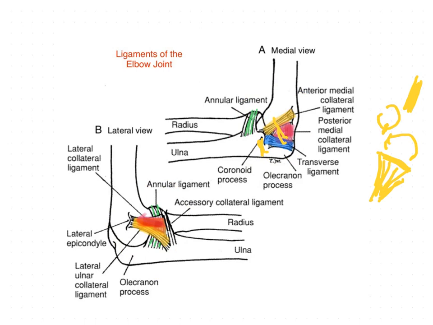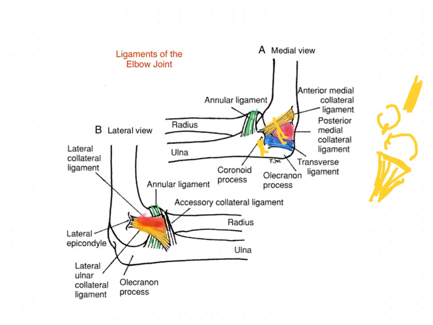Okay, so for that only we have to understand the attachments of these ligaments, how these ligaments are attached. As we know, anatomically these ligaments are attached from here to there. What is the purpose of these attachments? Why is such an attachment seen here?